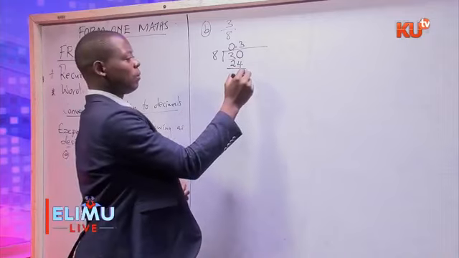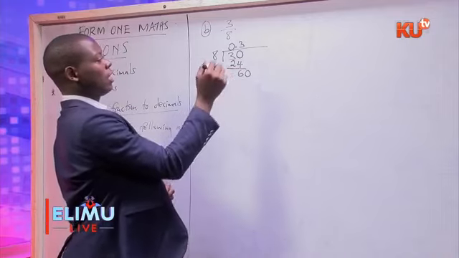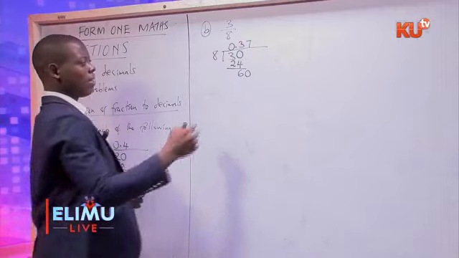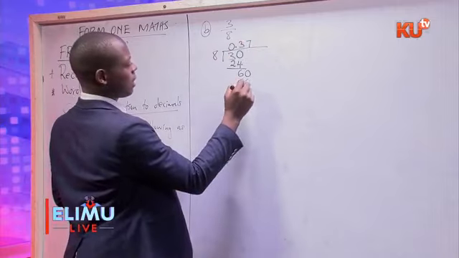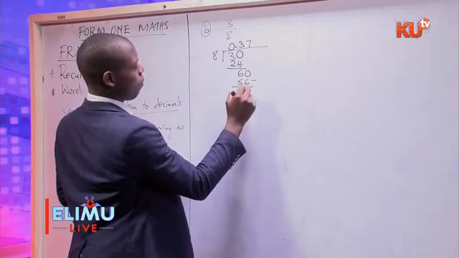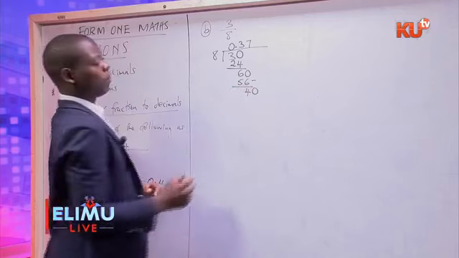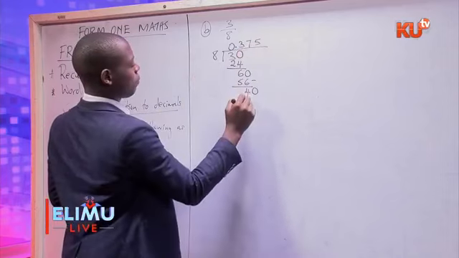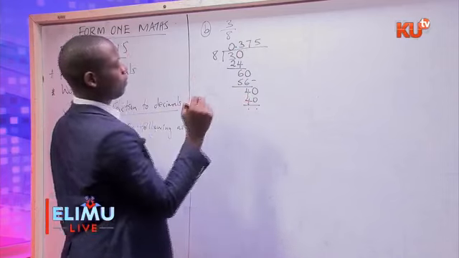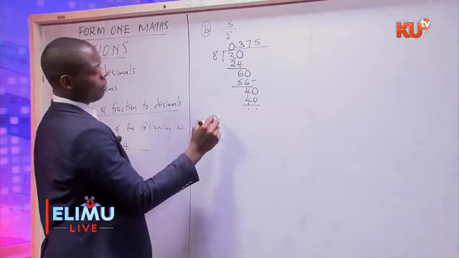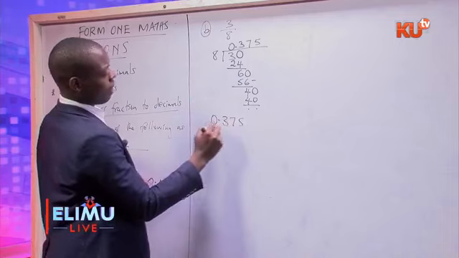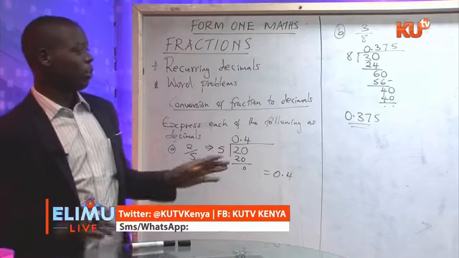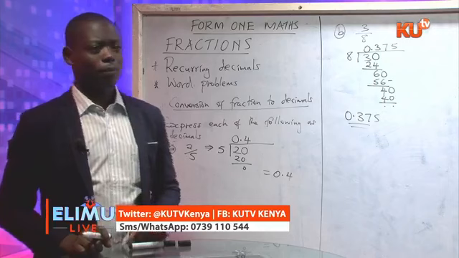We add 0. 8 into 60, 7 times. 7 times 8 is 56, a difference of 4. Add 0. 8 into 40 is 5, because 5 times 8 is 40, a difference of 0. So it becomes 0.375. So 3 over 8 as a decimal is 0.375.